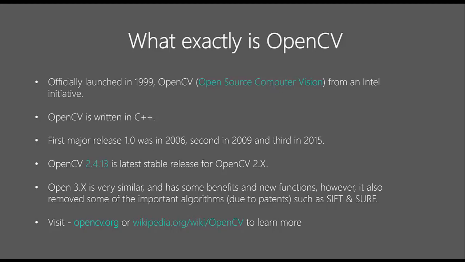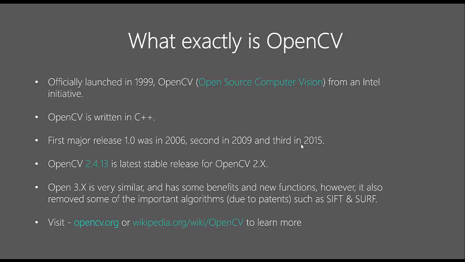However, using it in Python allows us to easily grasp complex concepts and use NumPy, which is a powerful data array tool in Python. The first major release of OpenCV was in 2006, the second in 2009, and the third just last year in 2015.